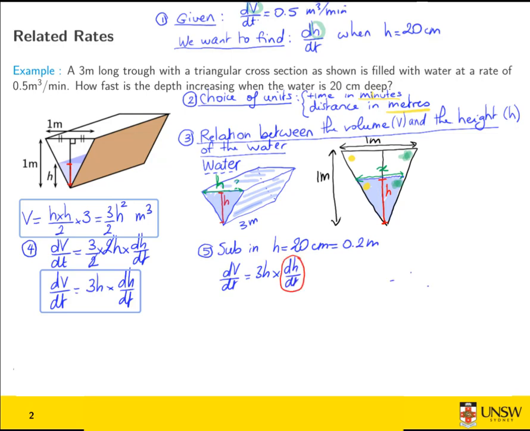We now sub in the values. dV/dt is 0.5, h is 0.2, times dh/dt, which is still what I'm looking for. So in order to get dh/dt by itself to make it the subject, I'm going to divide both sides by the coefficient of dh/dt. And I get 0.5 divided by 3 times 0.2. In other words, 0.5 over 0.6. I multiply by 10 the top and the bottom. And I get 5 on 6.